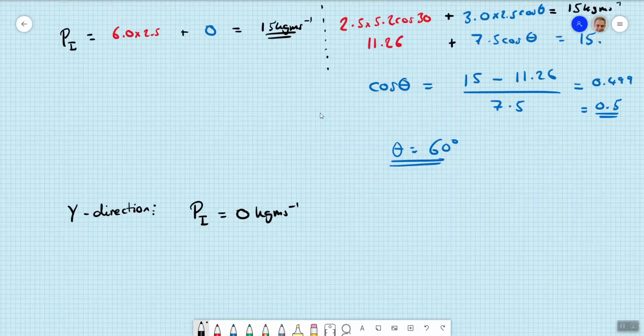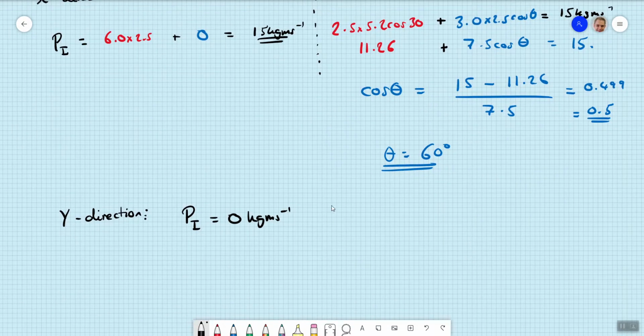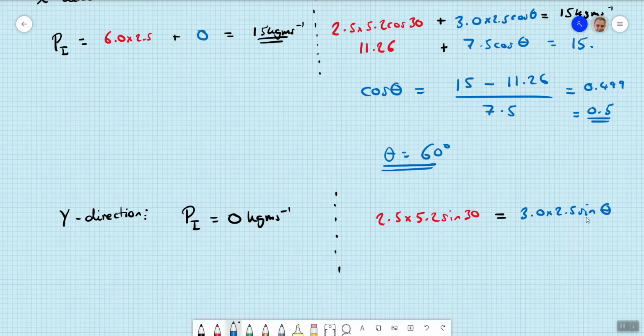So let's do it: our red one is now 2.5 times 5.2 sine 30, which must have the same magnitude as 3.0 times 2.5 sine theta.